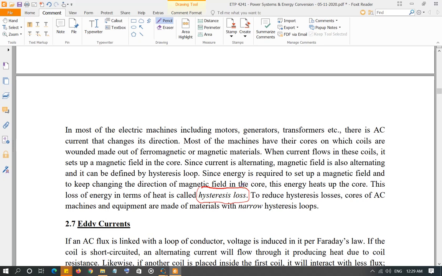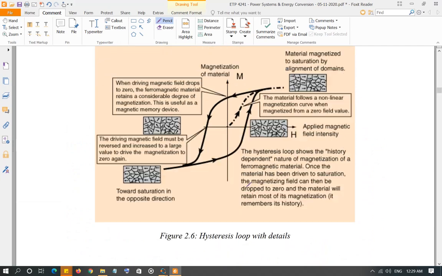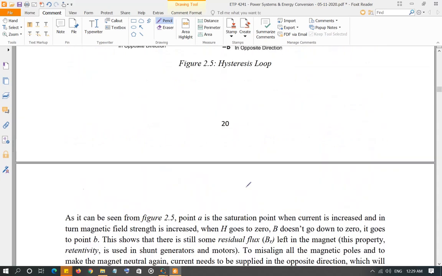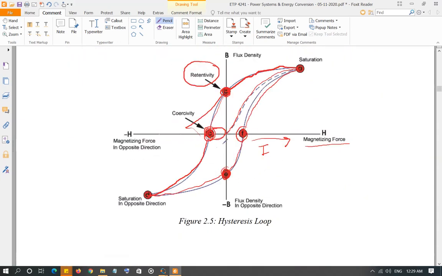How do we make sure that our hysteresis loss is minimum? The way we can do that is if we can reduce the width of the hysteresis curve. So let's say we make the core from a material that has a very narrow hysteresis curve, like that.